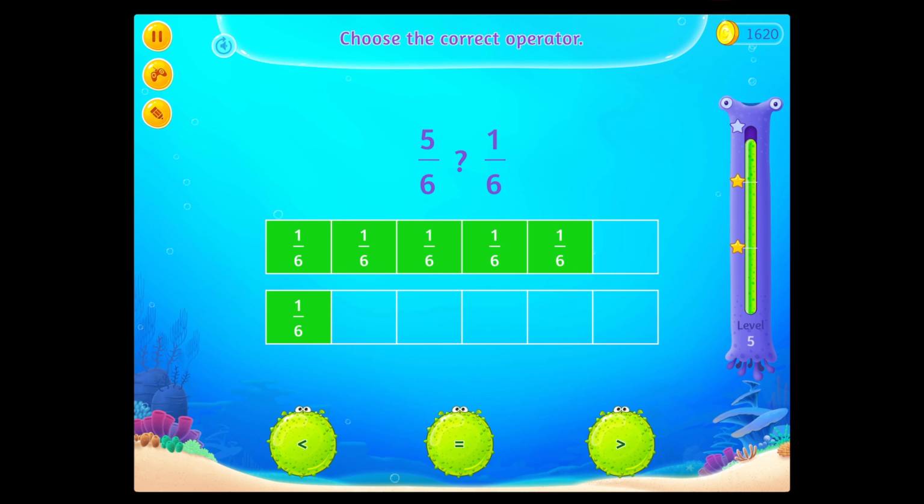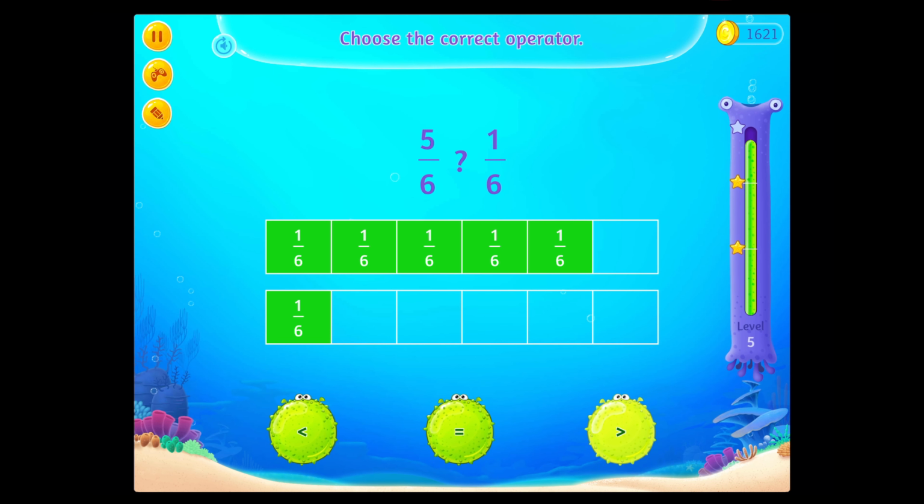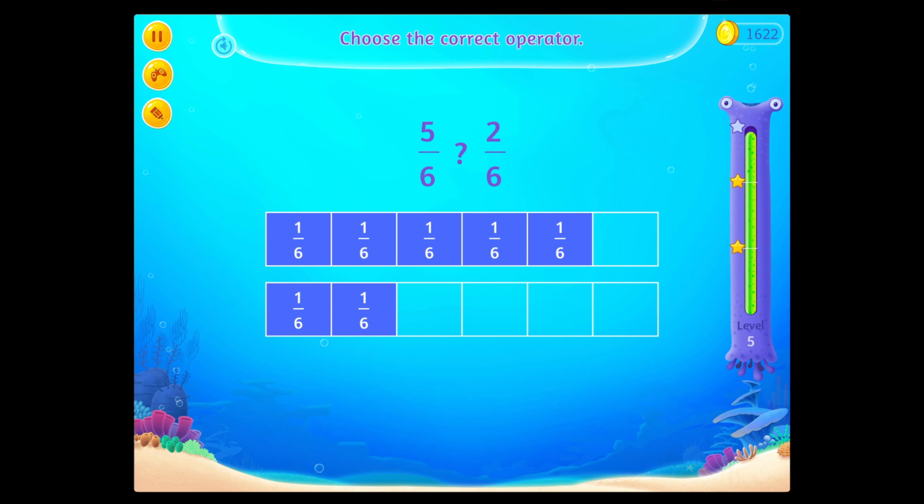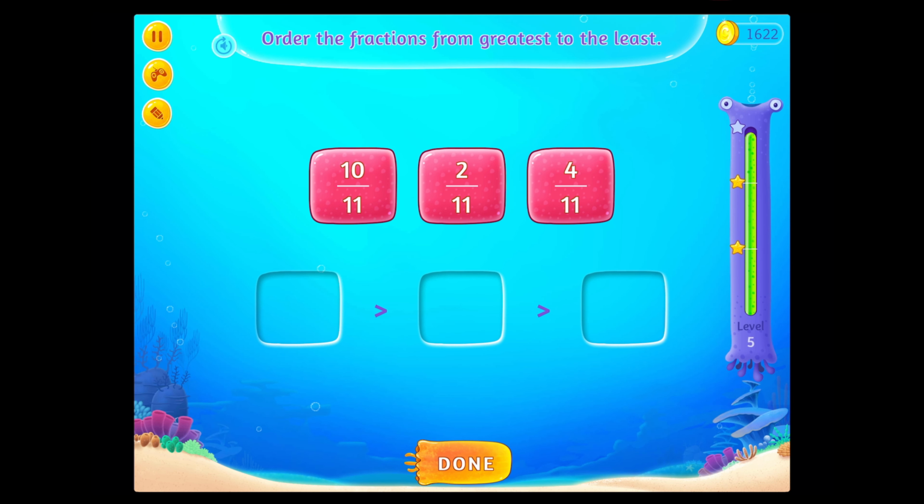Choose the correct operator. Fantastic. Choose the correct operator. Rockstar. Order the fractions from greatest to the least.